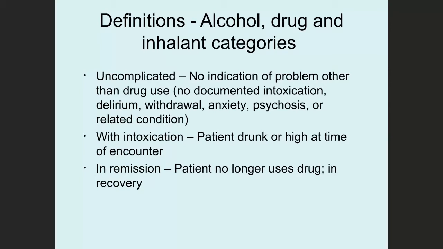The assumption is that if intoxication, delirium, anxiety, psychosis, etc., were present, the physician, being a good documenter, would have documented them. So we're going to assume it's uncomplicated unless there's reason to believe otherwise. With intoxication, patient is drunk or high at the time of the encounter with the provider. In remission, patient no longer uses the drug and is in recovery.